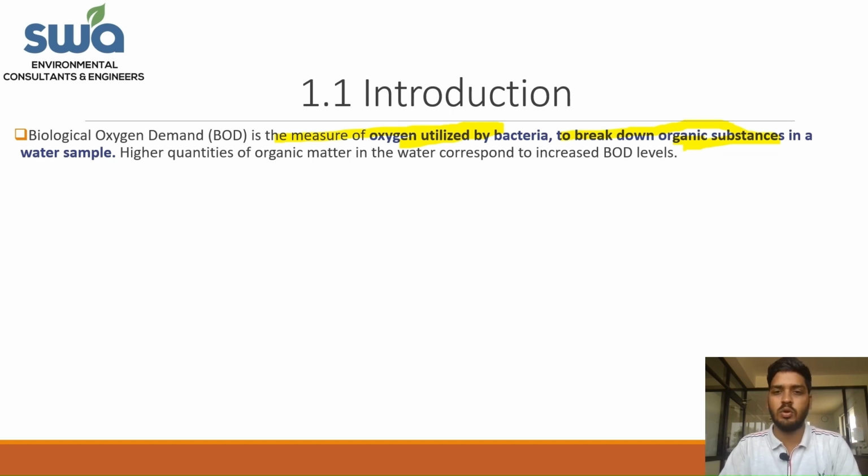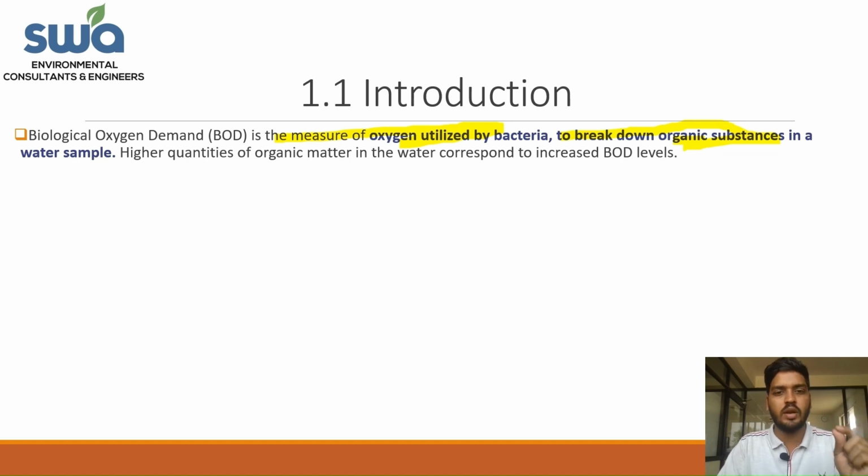Assume some water sample has X amount of organic matter in it. In order to make the water pollution free, we have to remove this organic matter. The organic matter is removed by the bacteria by biologically degrading it. In order to degrade that organic matter, bacteria require some amount of oxygen.